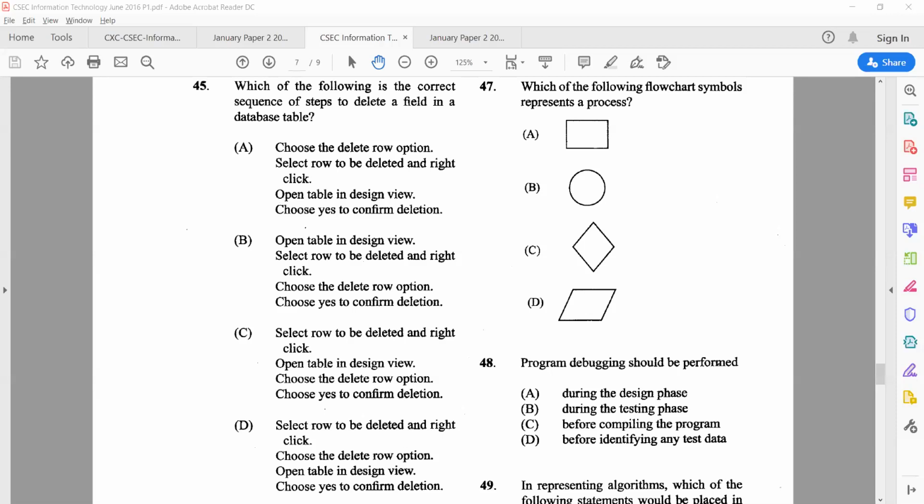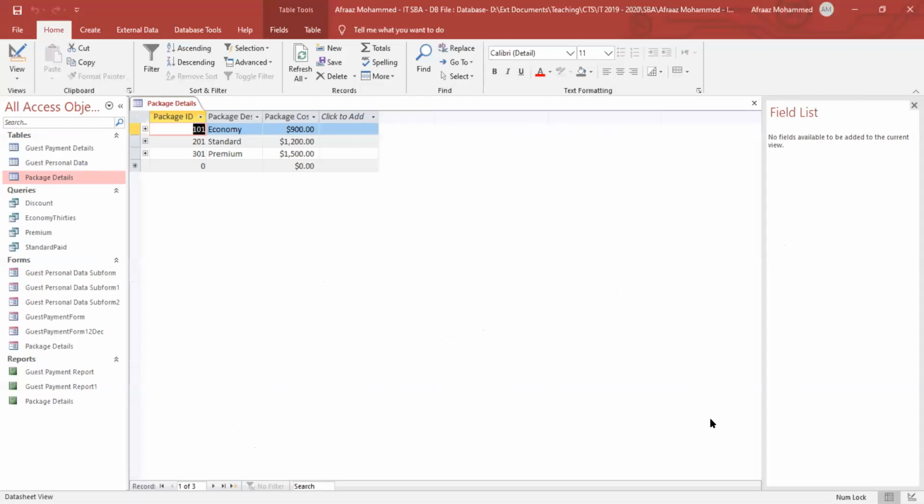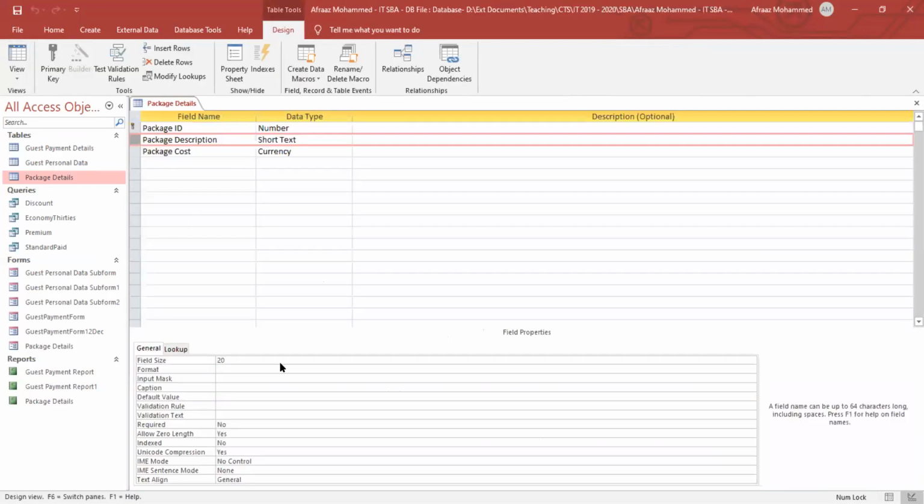I'll just demonstrate that here. I'm going to share a Microsoft Access document with you. As they mentioned, the first step is open the table in design view. So this is the table. The first thing is to open in design view. In design view, you have the field names and the data type.